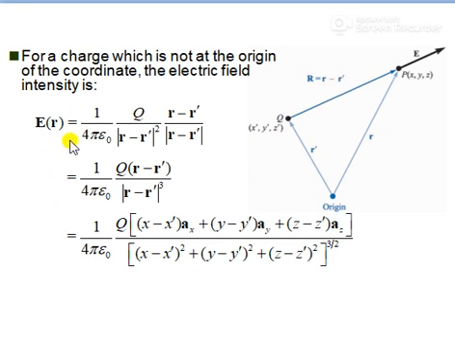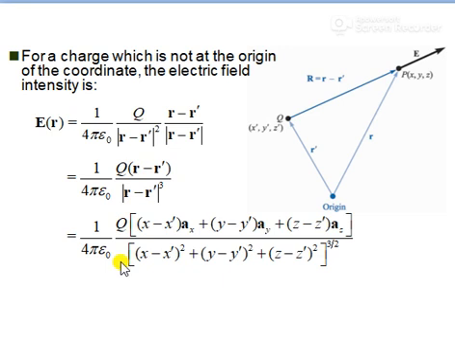So E is equal to 1 by 4 pi epsilon naught Q by modulus of r minus r dash square, into r minus r dash divided by modulus of r minus r dash. That is the electric field intensity. Now it is 1 by 4 pi epsilon naught Q into bracket r minus r dash divided by modulus of r minus r dash cube.